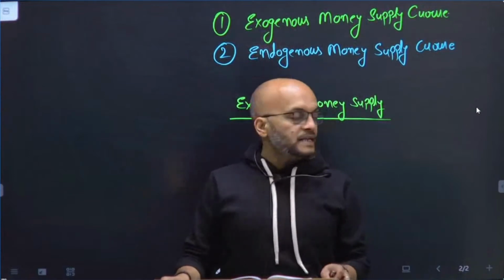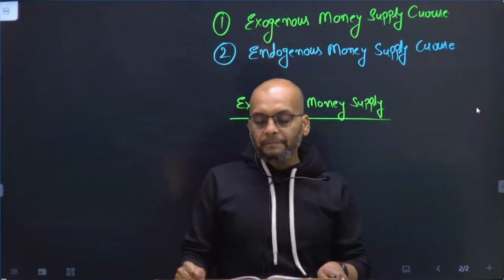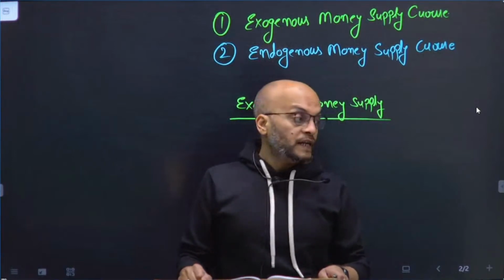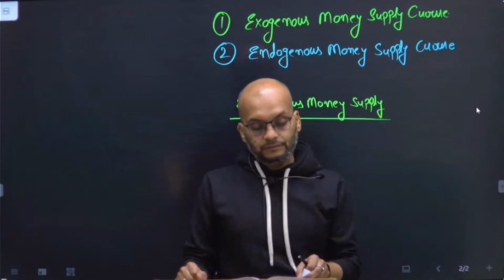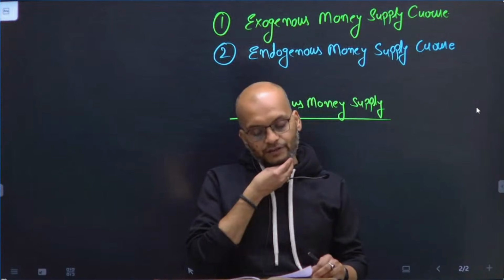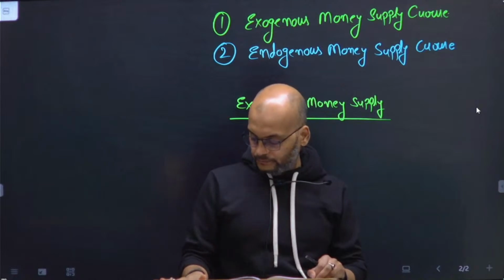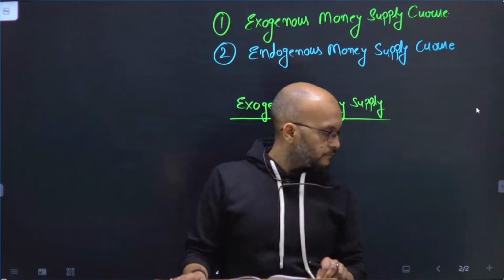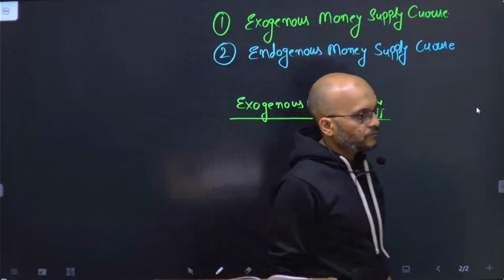Write down, then the money supply curve is exogenous. Money supply curve is exogenous and vertical function of interest rate. Written. Please go through it once. Please read it. Everyone read it.